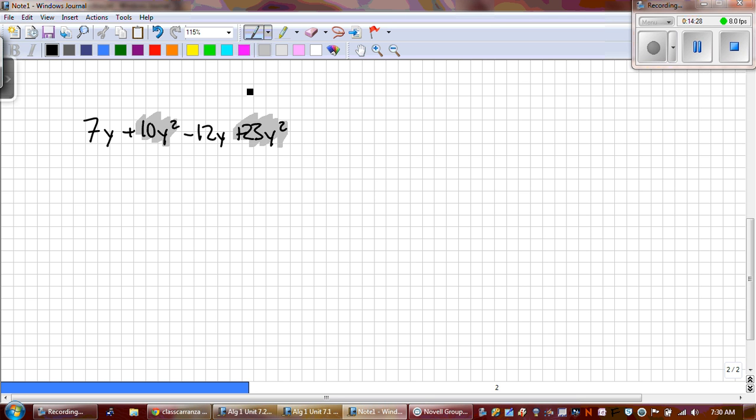And when I add those together, I get 33y squared. And then negative 12y and 7y, when I combine those together, I get negative 5y. So my highest exponent is 2, which means it's a quadratic. There are 2 terms, binomial. So it's a quadratic binomial.